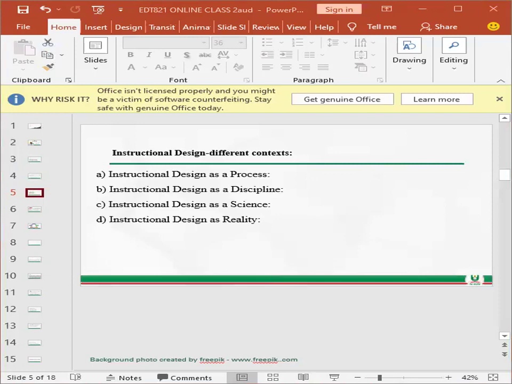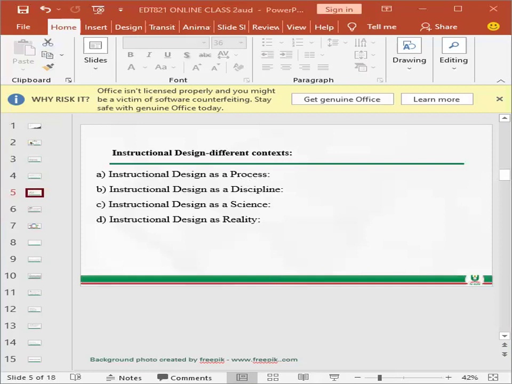Here it is the entire process of analysis of learning needs and goals and development of a delivery system in order to meet those needs.